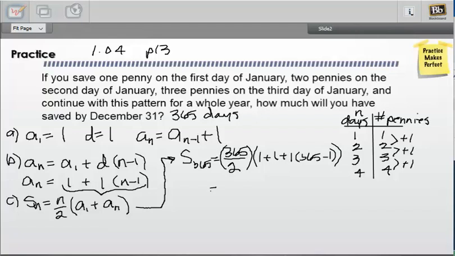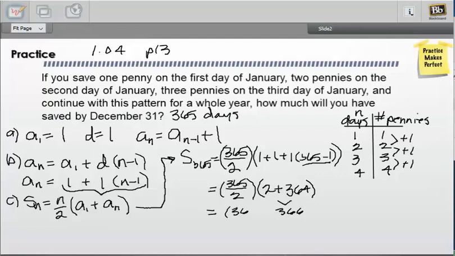Now, if I write that out, I've still got 365 divided by 2. Now I've got 2 plus 365 minus 1 is 364. And I'm multiplying it by 1, so I'm just going to write 364. Now, you can keep simplifying it and just say, oh, well, that's 366.